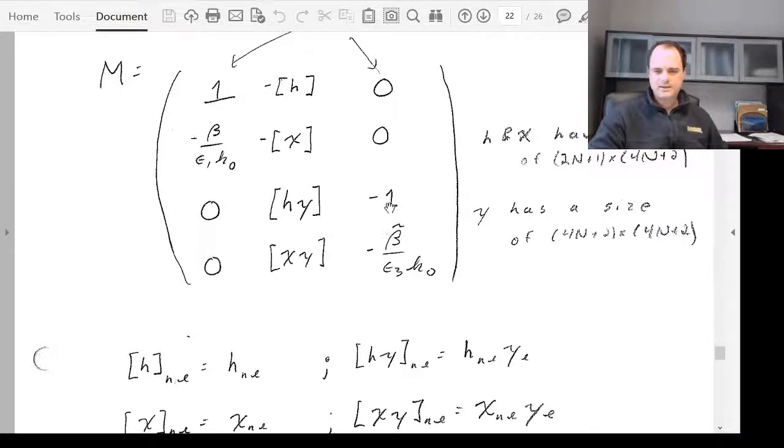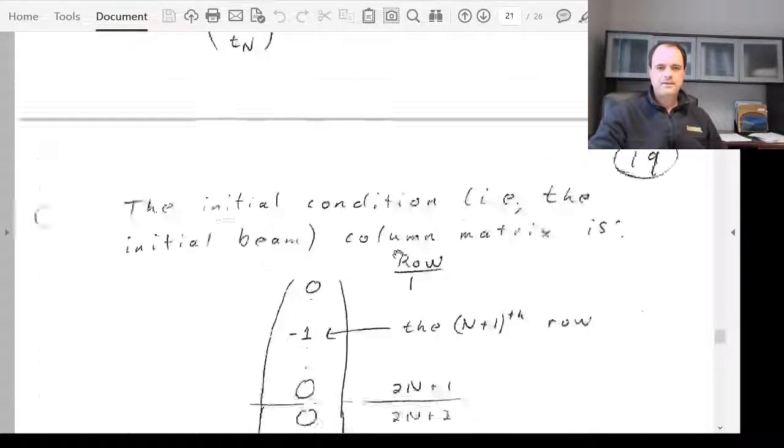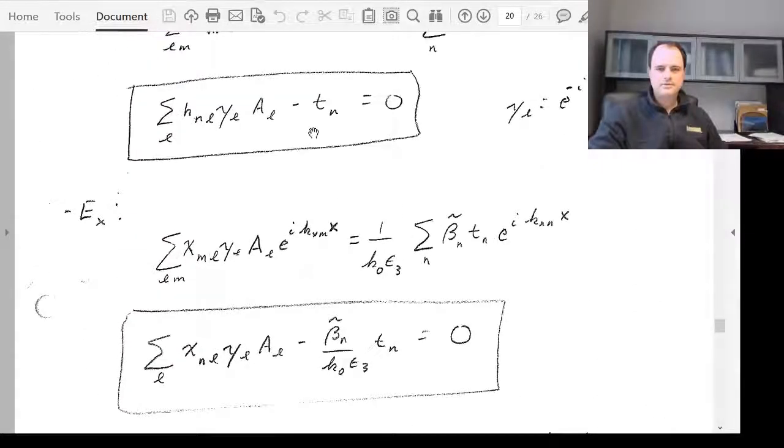We need the H boundary for the superstrate to layer 2 interface. Now we need the layer 2 substrate interface, H of z, E sub x boundary condition. Those come from this equation and this equation.